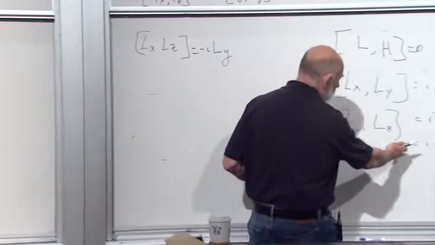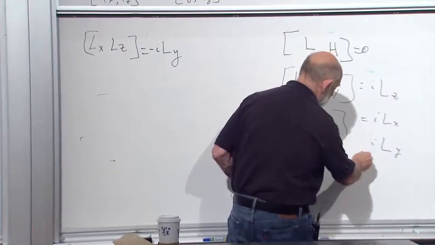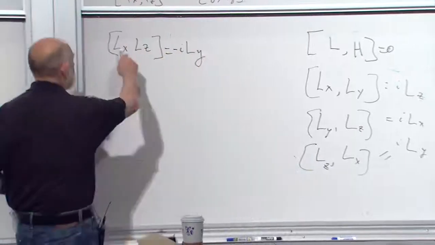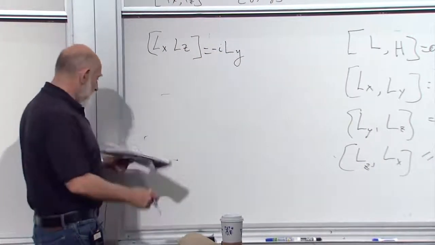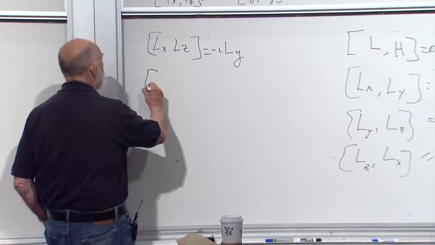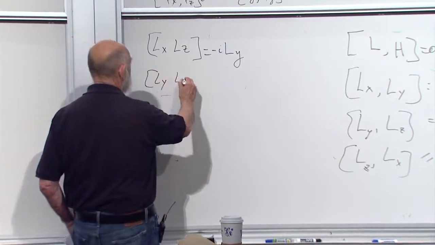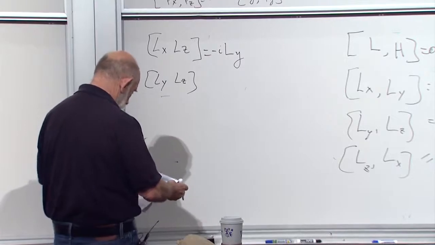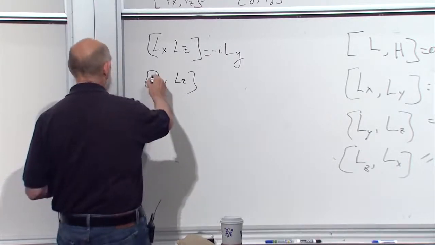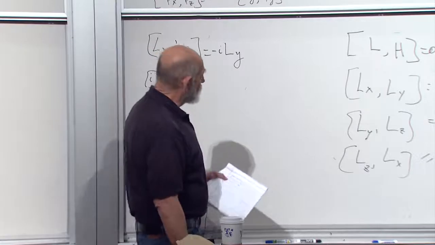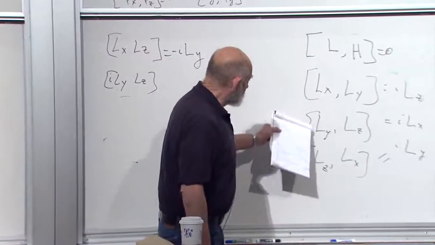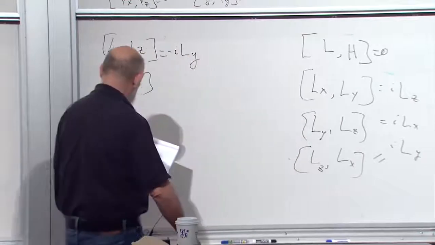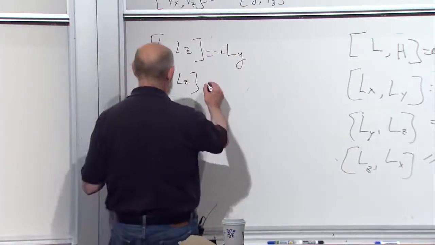And since I changed the order of x and z, that changes the sign. Then there's the other one, commutator of Ly with Lz. Or ILy with Lz, we have to do a little bit of work. Here's Ly with Lz, multiply it by I, and we get minus Lx.